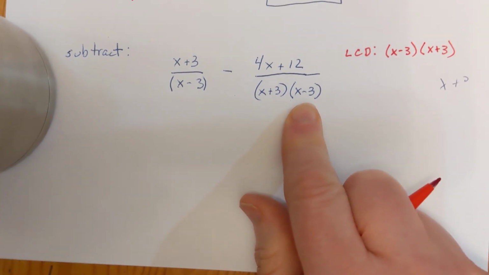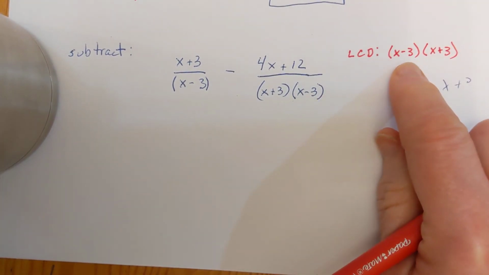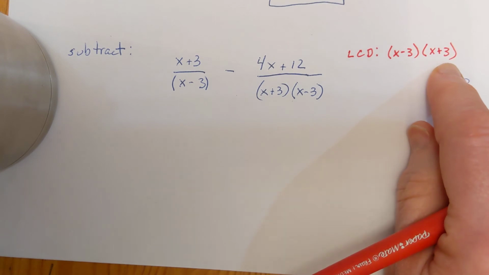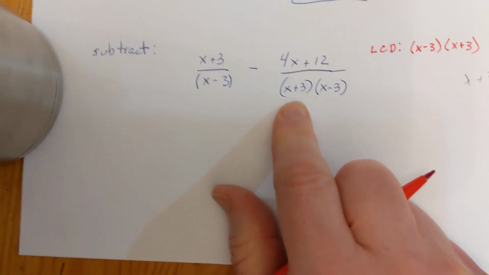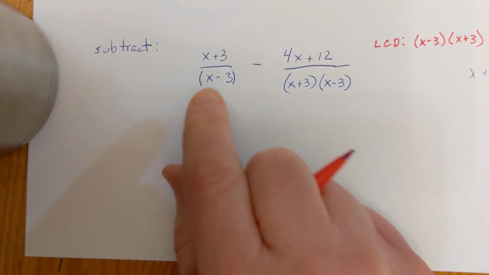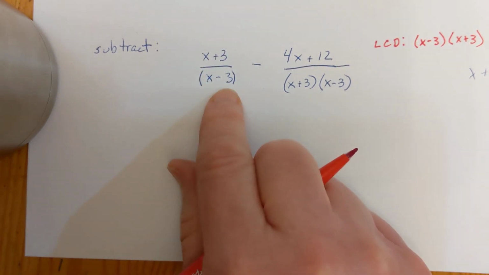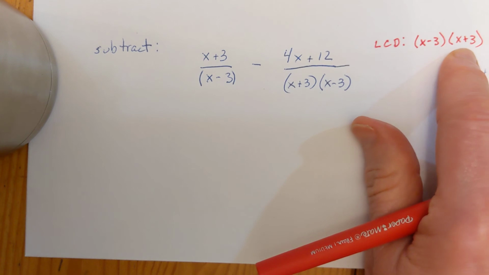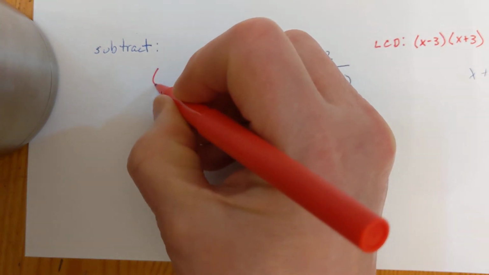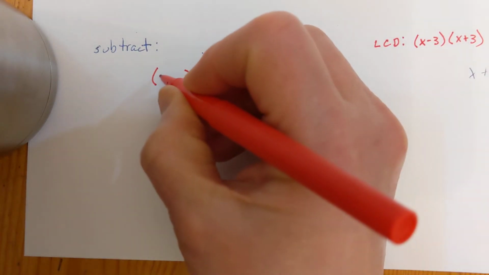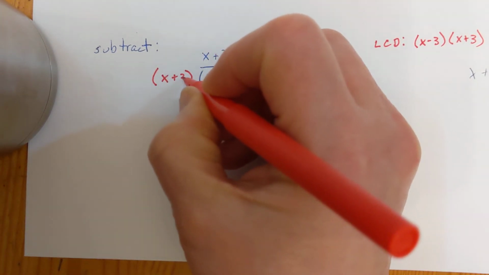So my least common denominator is going to be x minus 3 times x plus 3. In order to subtract these, I need to build this fraction up so it has the least common denominator, which means I'm going to have to multiply by x plus 3 over x plus 3.